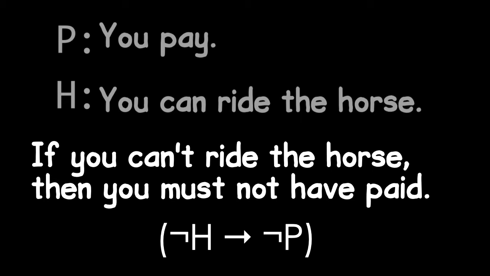It's quite the opposite. Your not paying made you not be allowed to ride the horse. But the sentence tells us that were we to learn that you couldn't ride the horse, we could conclude that you hadn't paid. If you aren't allowed to ride, then it must be that you haven't paid. That's what the sentence says. And we symbolize that with the arrow.